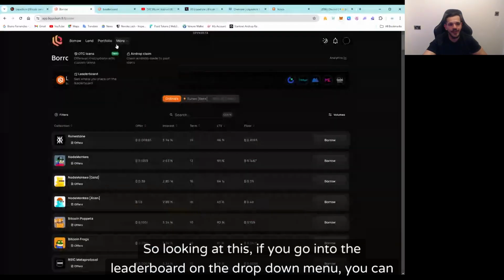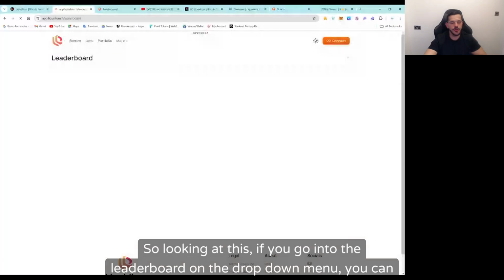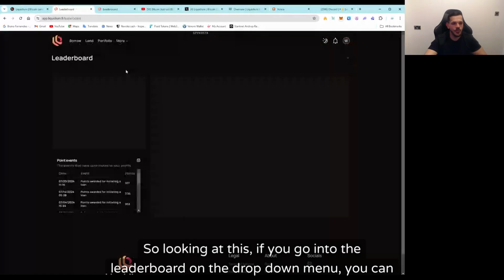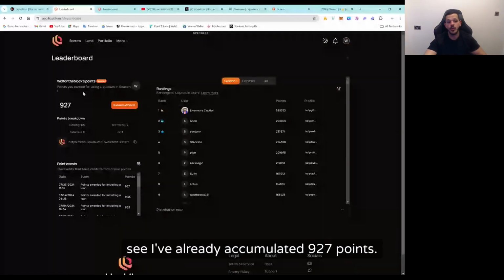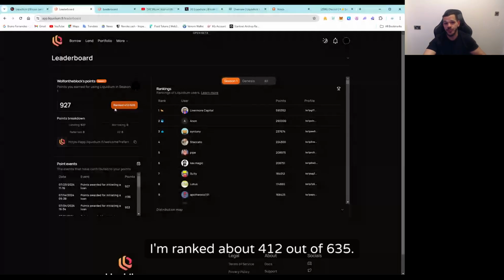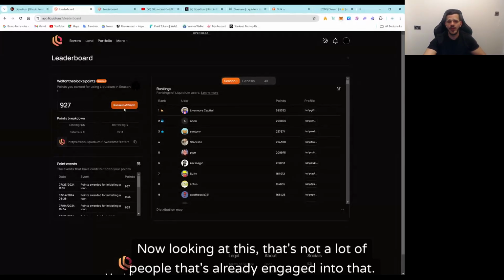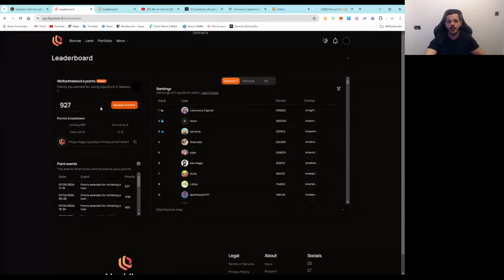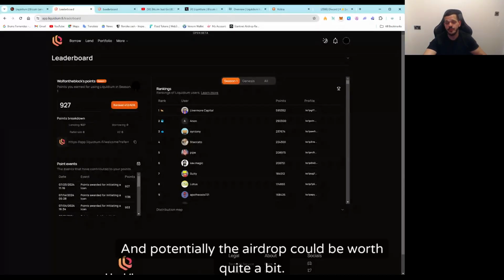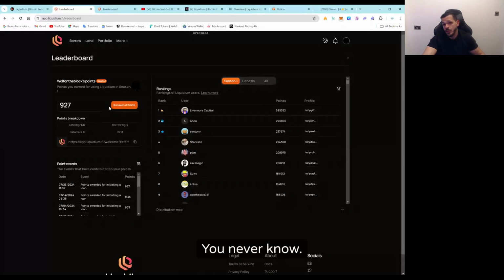Looking at this, if you go into the leaderboard on the drop down menu, you can see I've already accumulated 927 points. I'm ranked about 412 out of 635. That's not a lot of people that have already engaged in that, and potentially the airdrop could be worth quite a bit. You never know.